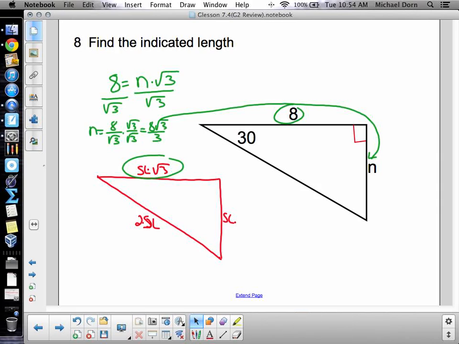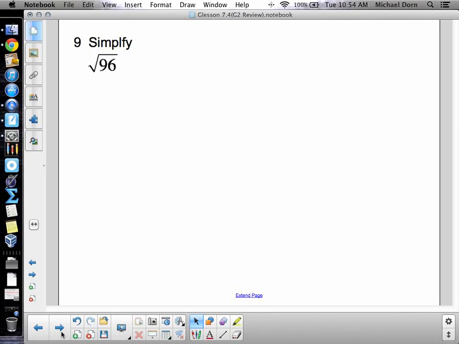Not quite as easy when we get a whole number over there, but it's not that difficult. It's something we've been doing now for over a week, working with those radicals. Just simplify a simple square root, square root of 96. What perfect square is going to go into 96? You can just tell me. We can do this one together.